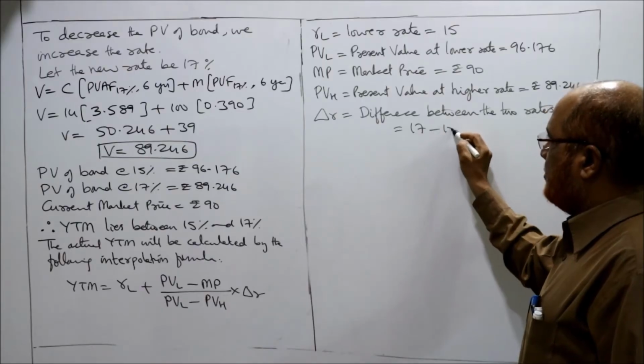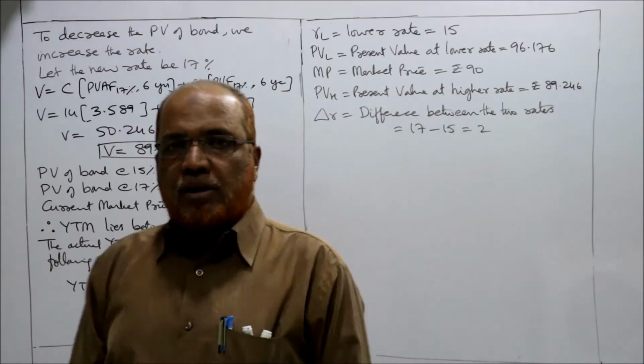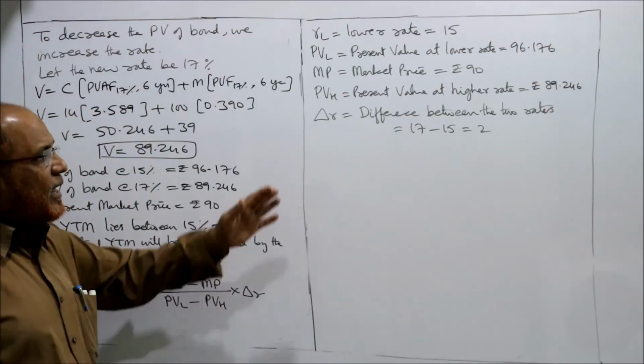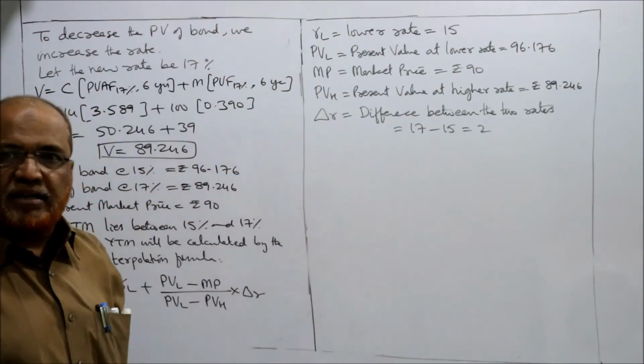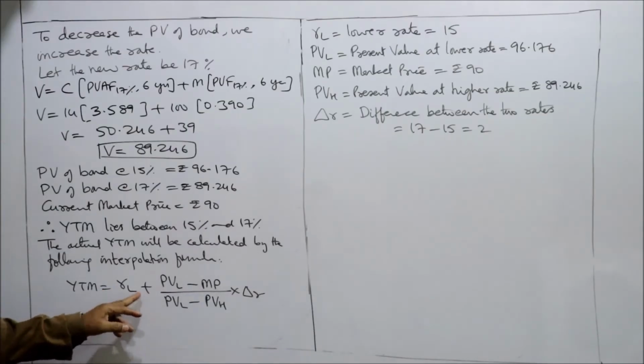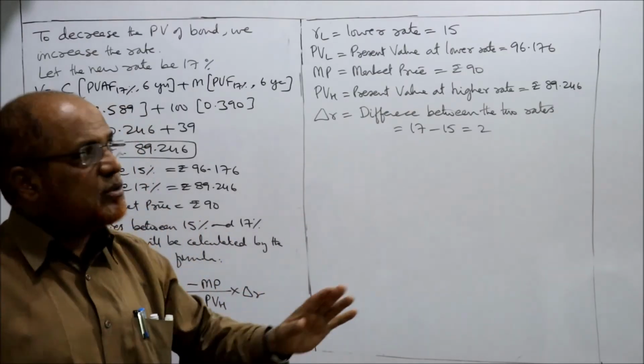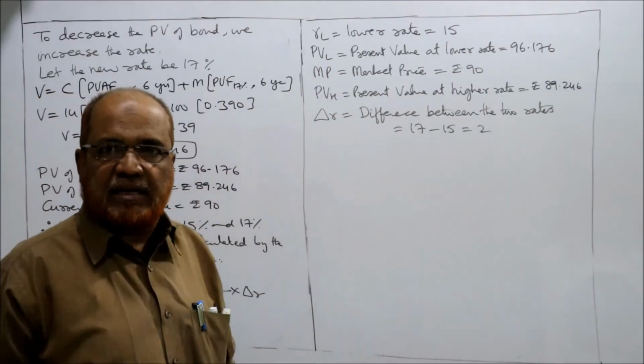So 17 minus 15 is equal to 2. So this is the first problem. That's why I am writing in detail all the variables in the formula. In the coming problems I am not going to write down all these things, directly we will take the values.